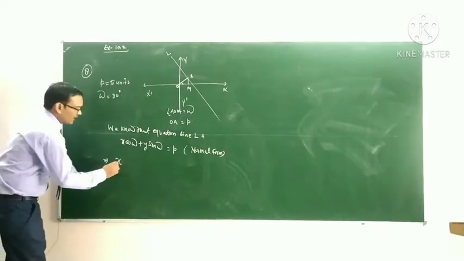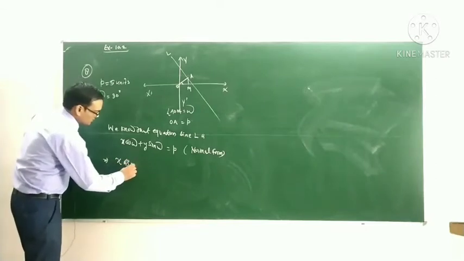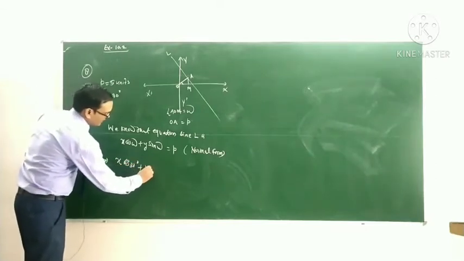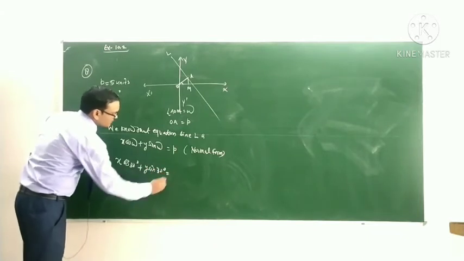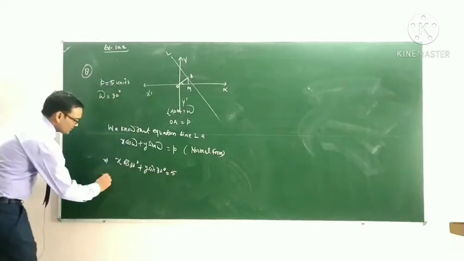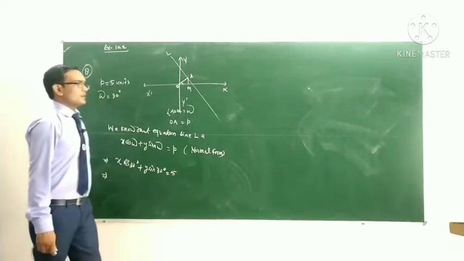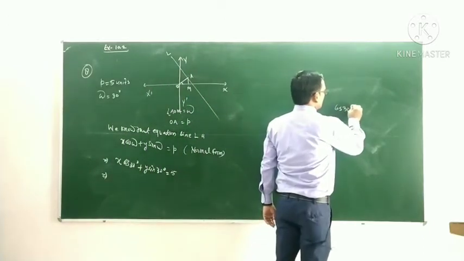This implies that x cos 30 degrees plus y sin 30 degrees is equal to 5. What is the value of cos 30, students?